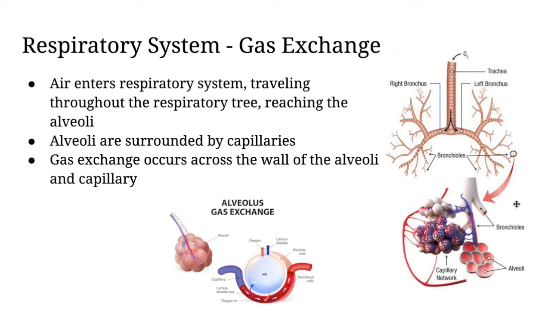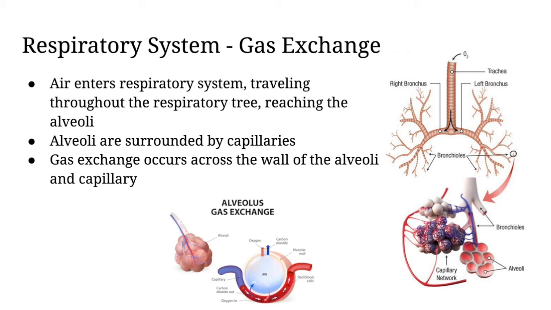Another thing I just want to point out before we wrap this up with a short video to show you parts of the respiratory system in 3D. The air that you're breathing in has different gases in it. We only need oxygen from the air that we breathe in. So you're breathing in all of the gases that are in the air: nitrogen gas, carbon dioxide gas, oxygen gas.